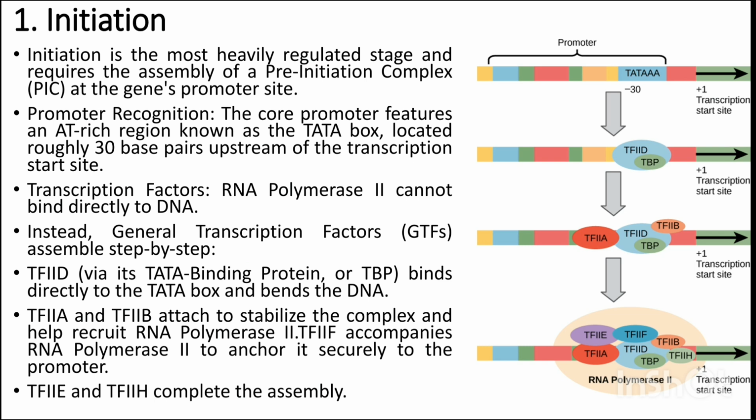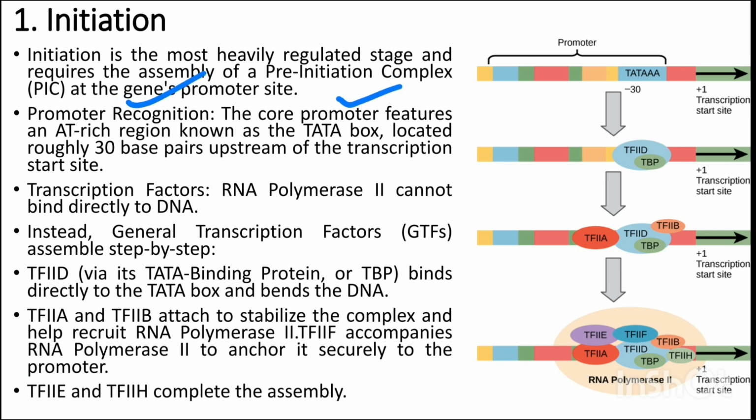Next, the first step of this transcription process is initiation. It is a highly regulated stage and requires the formation of a pre-initiation complex at the promoter site of the gene. At first we have to recognize the promoter sequence.